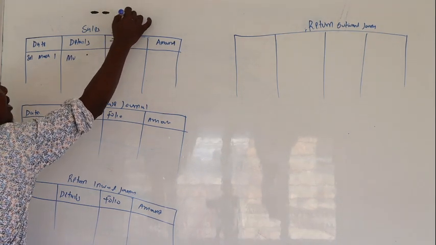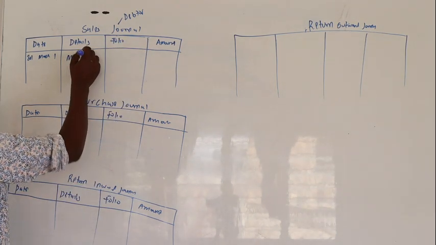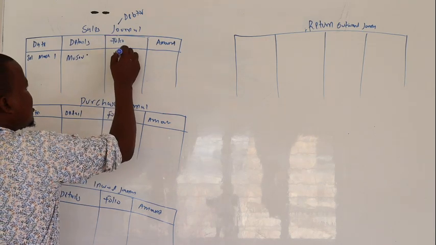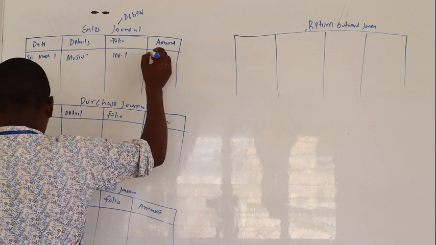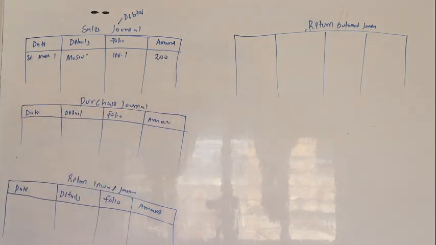This one I've said will record debtors. Musau was a debtor, and it is invoice number 1, it might be the invoice number 1 of that month. So tulimuuzia shillings 200. He was the first customer.